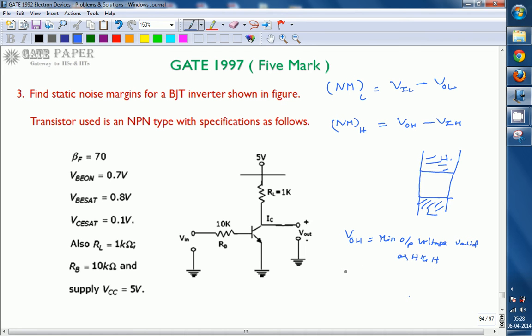And similarly VOL is the maximum output voltage valid as low level.